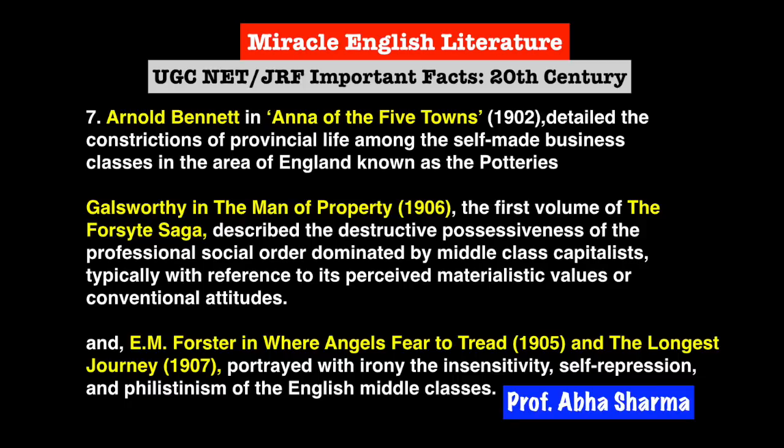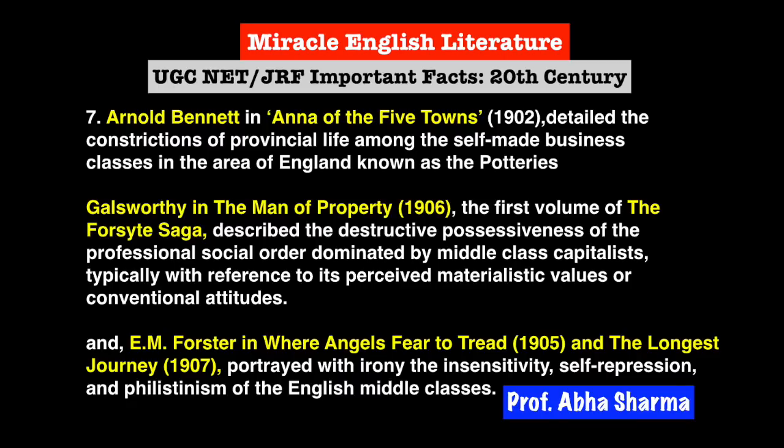Galsworthy, in The Man of Property, the first volume of the Forsyte Saga, described the destructive possessiveness of the professional social order dominated by middle-class capitalists, typically with reference to its perceived materialistic values or conventional attitudes, all based on Karl Marx's Marxism.